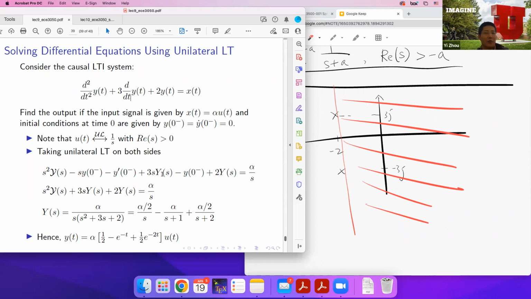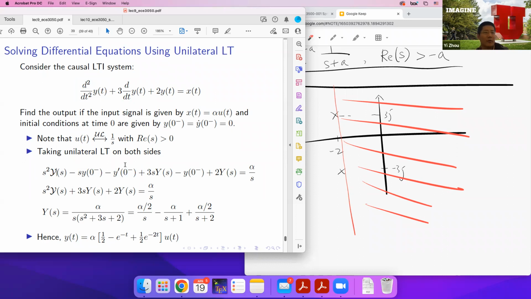These two capital Y should not be the normal Laplace transform, it's a unilateral transform, so the font style should be the same as this one. Here we are just taking the unilateral transform and leveraging the differentiation property of the unilateral transform.